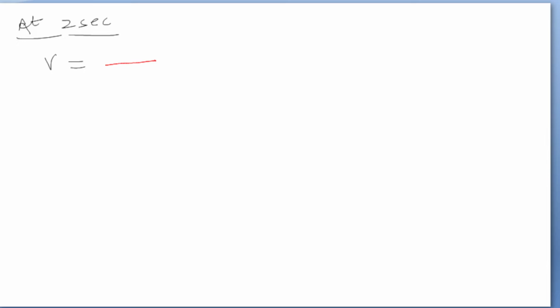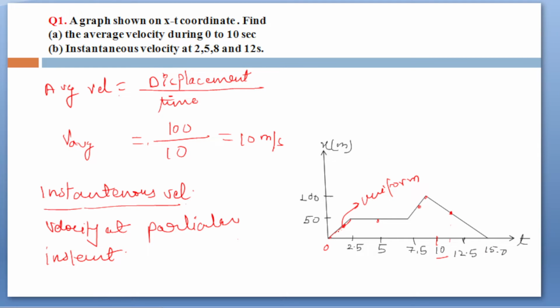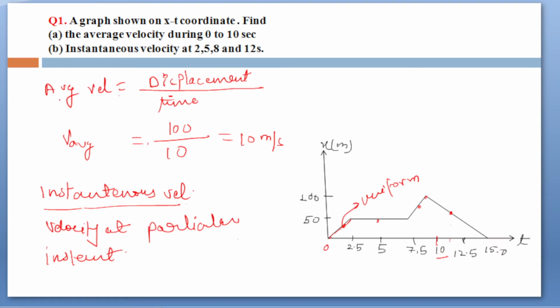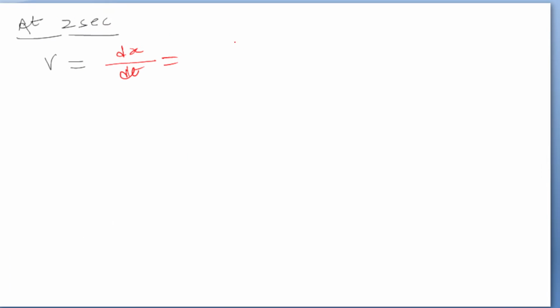And we know the velocity in an x-t diagram is the slope, that is dx by dt. So this is 50 minus 0 divided by 2.5. This is 20 meter per second.